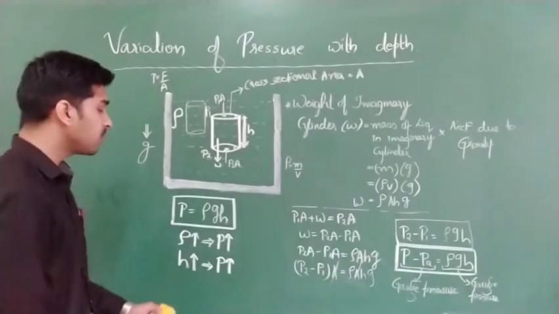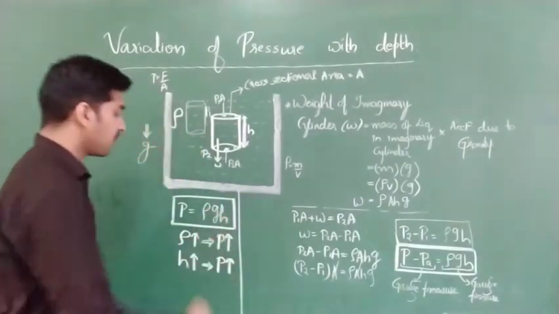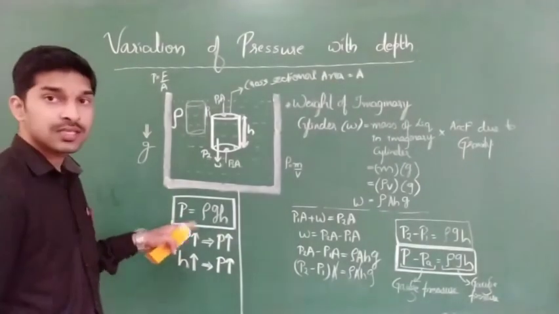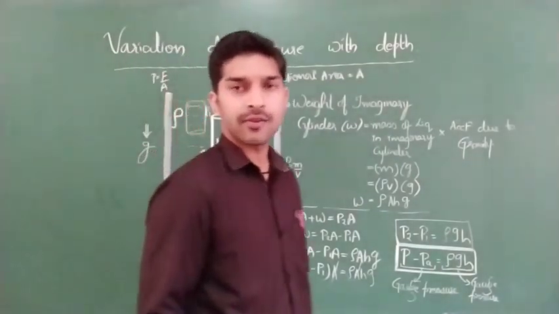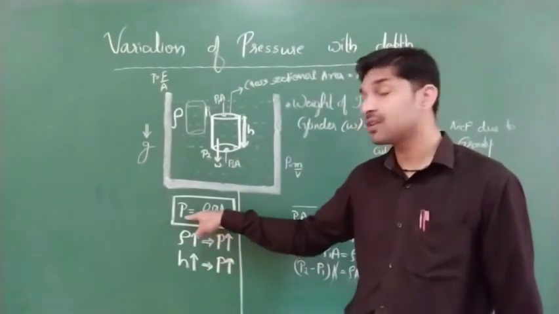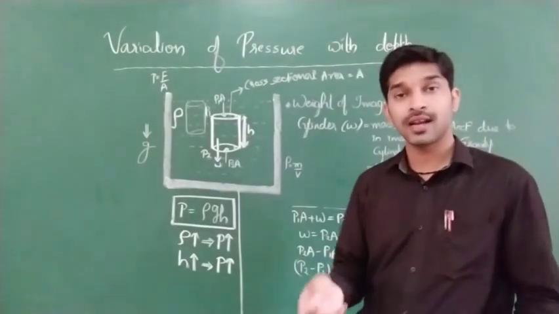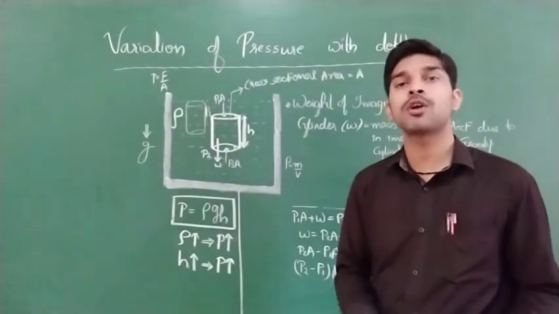Clear? So now one of the basic points we are going to discuss: pressure is a scalar quantity. Clear? And it is an isotropic quantity. Isotropic means that inside a fluid the value will be the same in all directions.